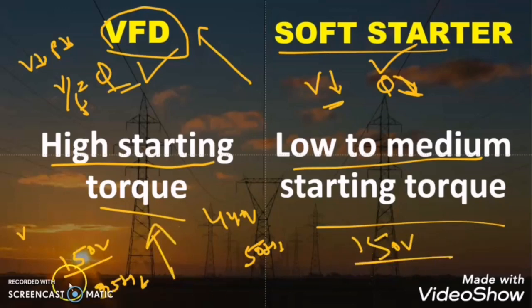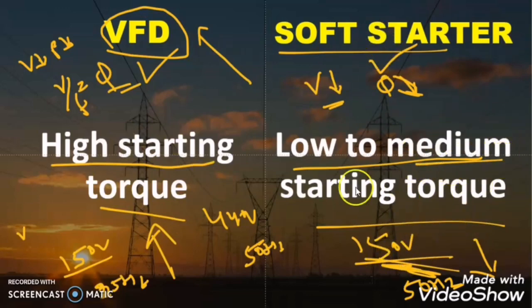But at the same voltage, the torque in the case of soft starter is low, because the frequency here is high, which is the rated frequency. So at the same voltage, the VFD produces high torque in the motor, but the soft starter will create medium or low torque in the motor.